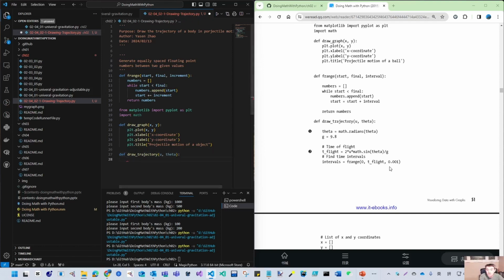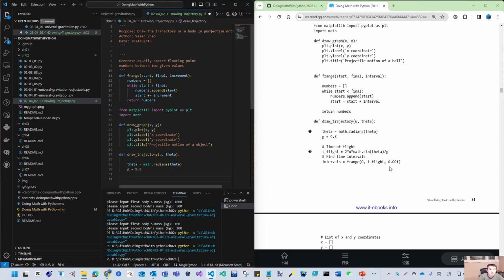So now we can start with theta equals math.radians. When we calculate the sine or cosine, we need to convert theta to radians, so that is what you need to pay attention to. And we give the constant g as 9.8.